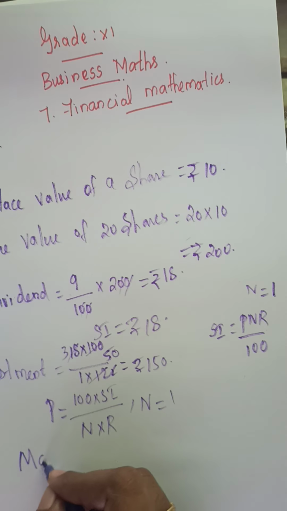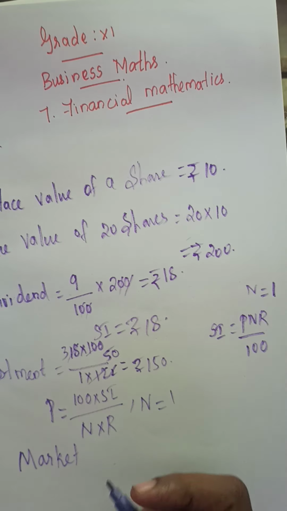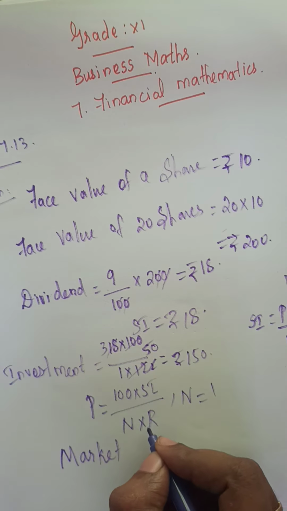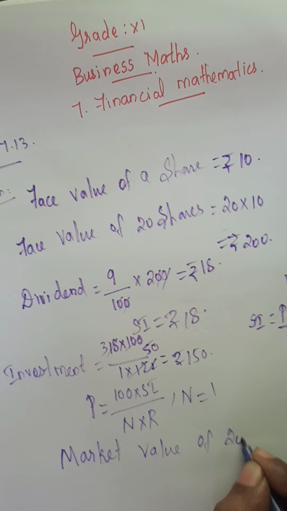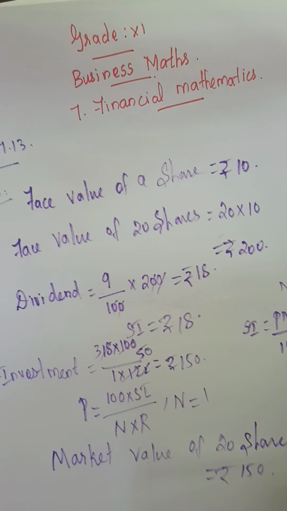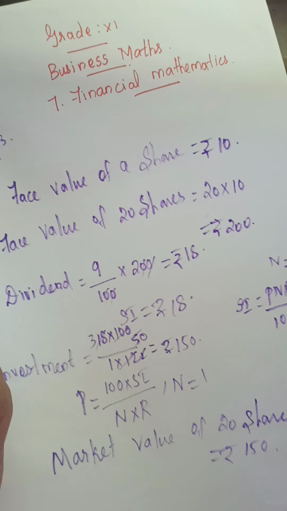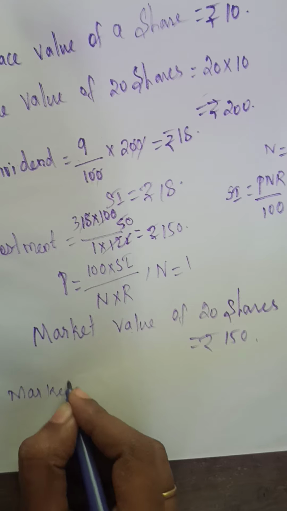So what about the market value of a share? 20 shares is equal to rupees 150. We need the market value of 1 share.